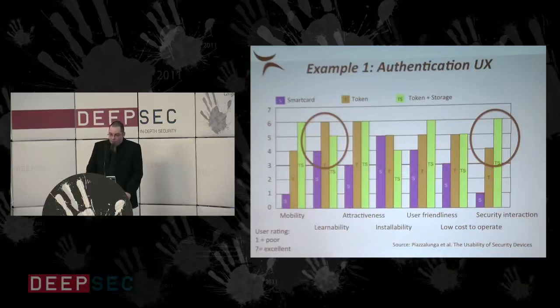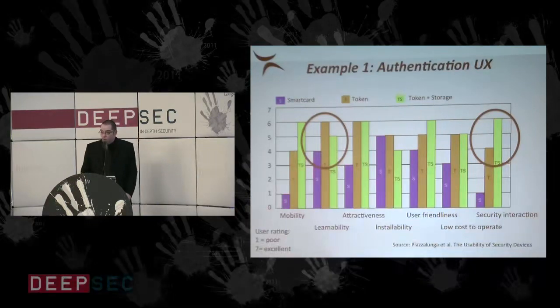When we look at learnability, we see, of course, that a little bit more technical complexity, providing the token and the storage, hinders the learnability a little bit. But the interesting thing really is, on the right side, the security interaction. So from a technical point of view, the token versus the token with some storage is nearly identical.